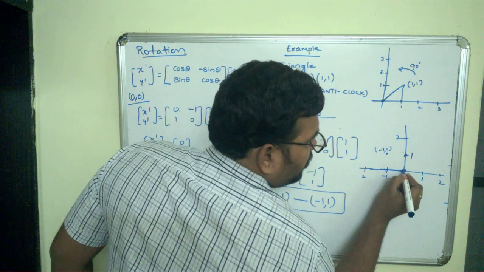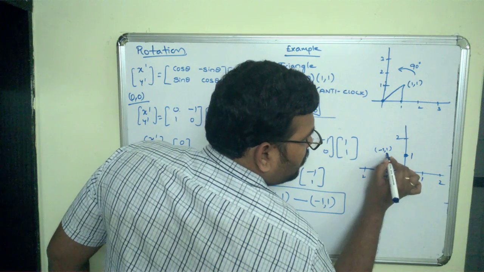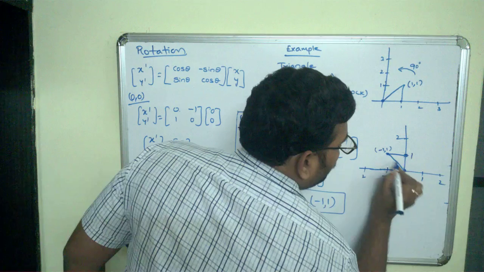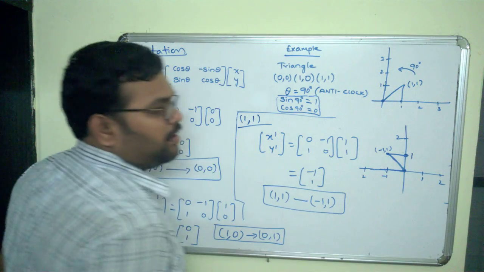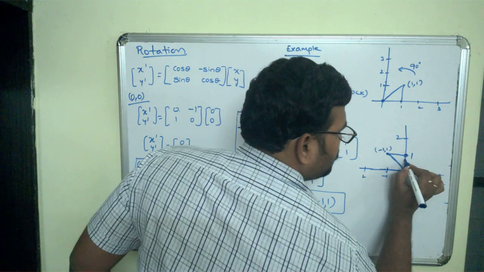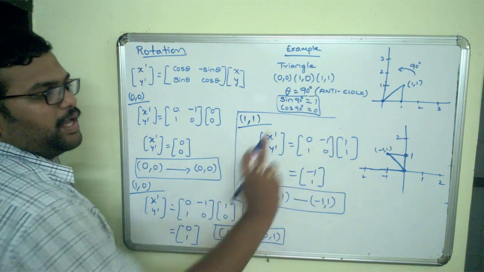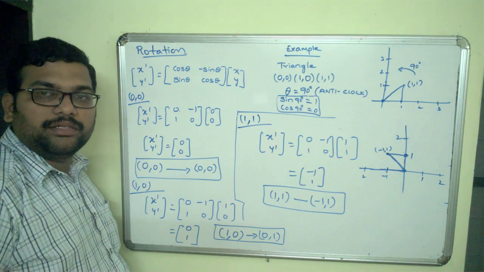See, this is the first point, this is the second point, this is the third point. After rotating the triangle in anti-clockwise direction by 90 degrees, our diagram looks like this.